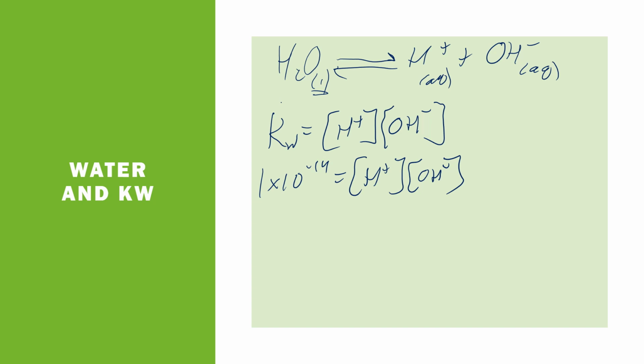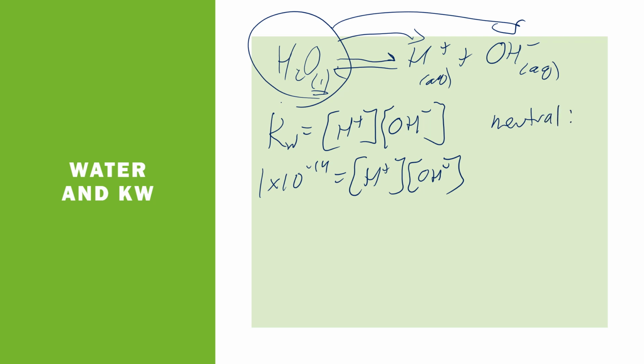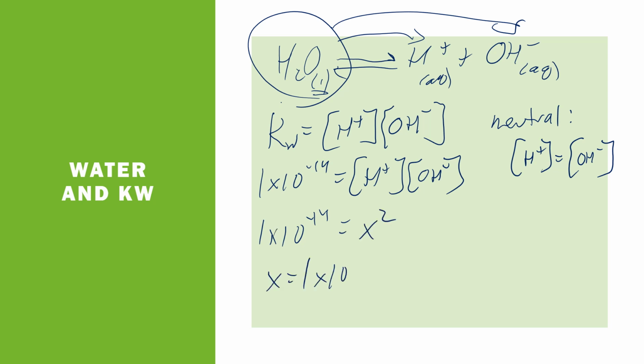Now, if you have a pure water solution, only water, that means your water is equally breaking up into hydrogens and hydroxides. So hydrogen and hydroxide are equal in pure water, and that's how we define a neutral solution. That is the real definition there. Hydrogens are equal to hydroxides. Okay, and if they're equal, we can say that 1 times 10 to the negative 14 is equal to x squared, or x equals 1 times 10 to the negative 7.